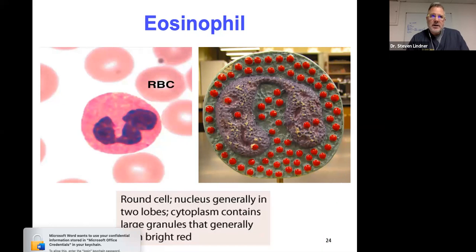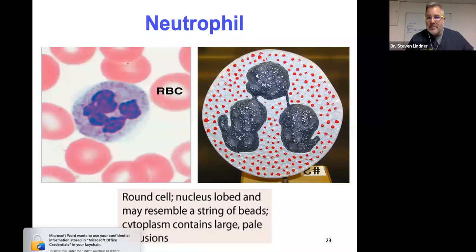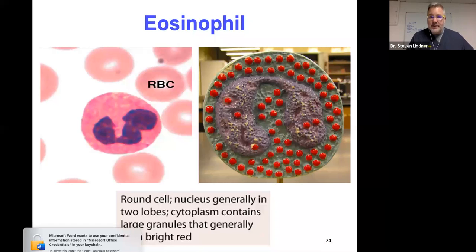Eosinophils are involved with allergies. When someone's having an allergic response and you take their blood, their eosinophil count is going to be really, really high. When someone has a bacteria, their neutrophil count is going to be really, really high when there's a bacterial issue. When there's an allergy, their eosinophil count goes high.